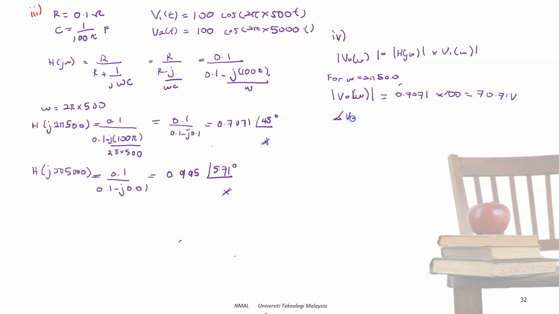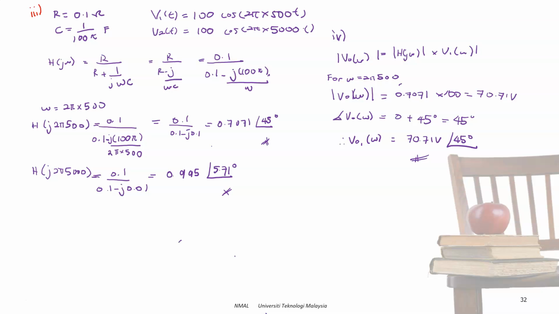And for the output phase, there is no phase at the V input, so it's actually 0 plus 45 degrees, so this is 45 degrees. So we know that now VO1(omega) is equal to 70.71 volt and 45 degrees. Okay, so this is for V input 1.